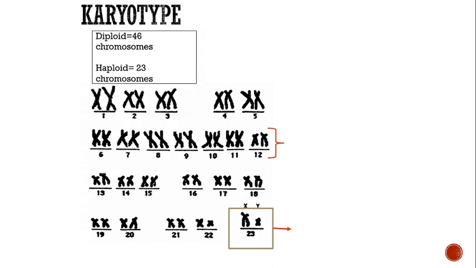Then you need to know the difference between a diploid cell and a haploid cell in a human being. A human somatic cell will consist of 46 chromosomes. A haploid cell will consist of half the number of chromosomes, your 23 chromosomes. Not 23 pairs, but 23 chromosomes. You need to be careful of that.